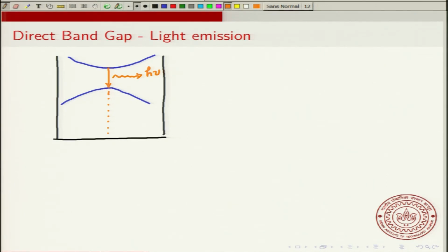So if it has a direct band gap, it can actually emit this light.